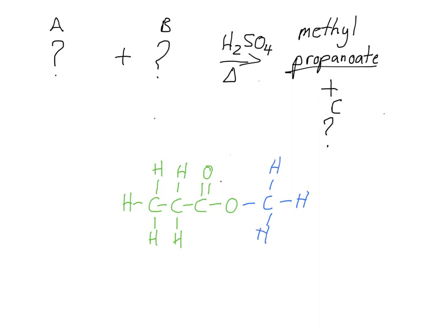How do I know not to put the methyl directly on the carbons? I've written them separately inside the word, and that's how I tell. Okay, so there's my methyl propanoate. Let's chop it into 2 pieces. Okay, so I've chopped it into 2 pieces now. I'm ready to figure out what the pieces were that went into it.